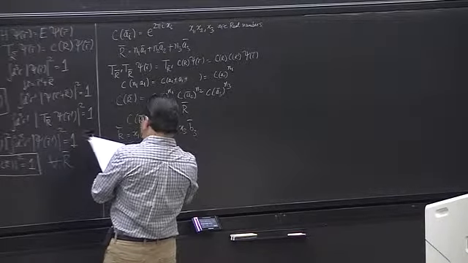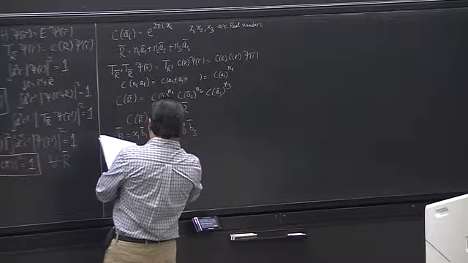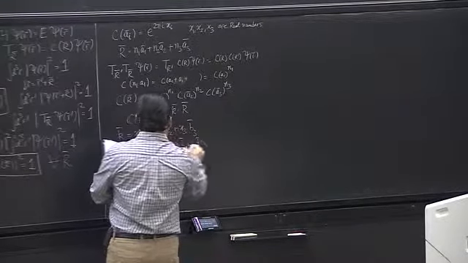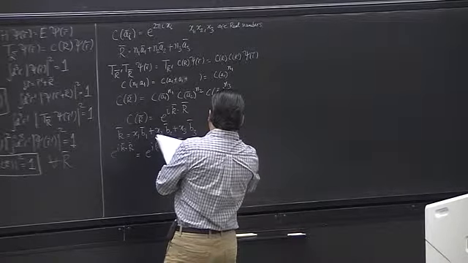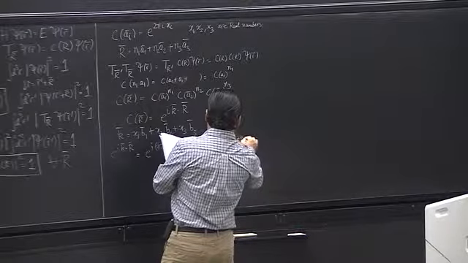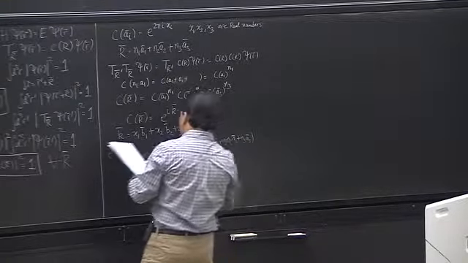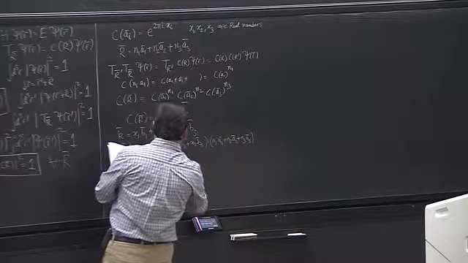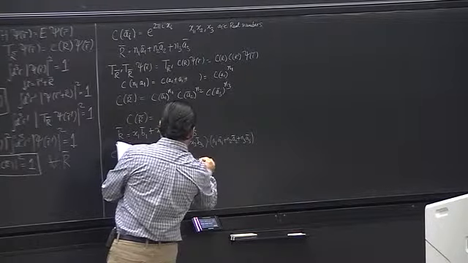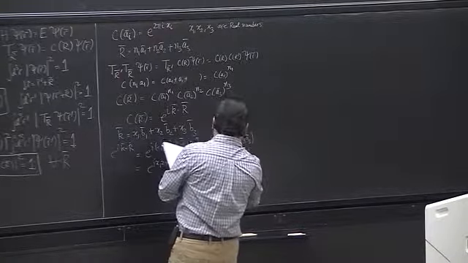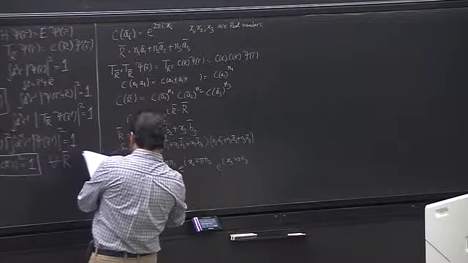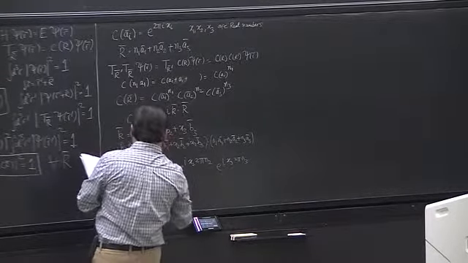This would simply mean e to the power i (x1 b1 plus x2 b2 plus x3 b3) dot n1 a1, and so on, which is the same as C of R, because this is the same as this.